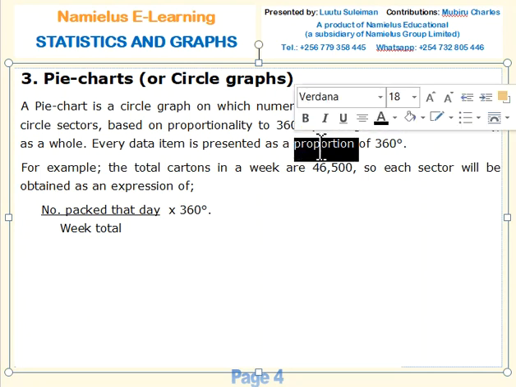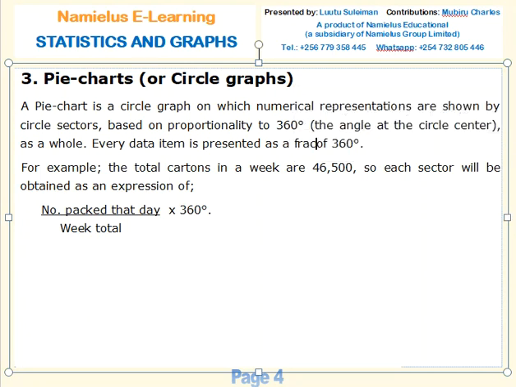We better say as a fraction of 360 degrees. For example, the total cartons in a week are 46,500. So each sector will be obtained as an expression of number packed that day over week total, and then multiplied by 360.